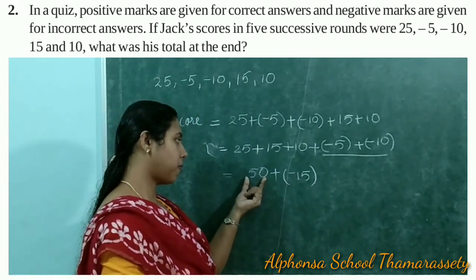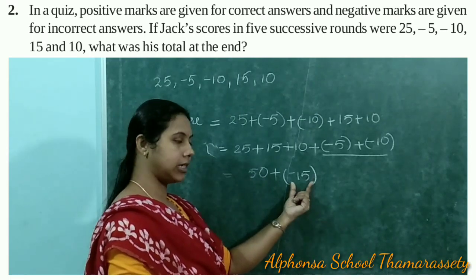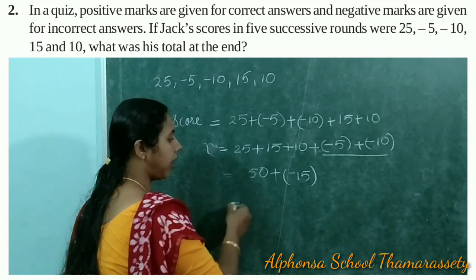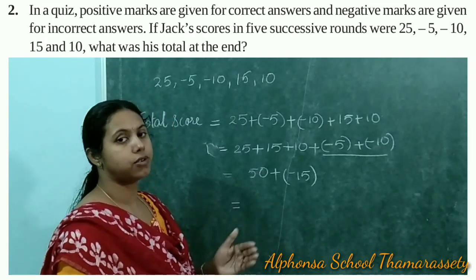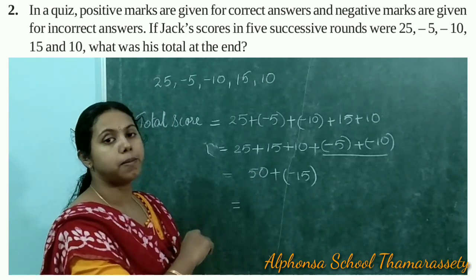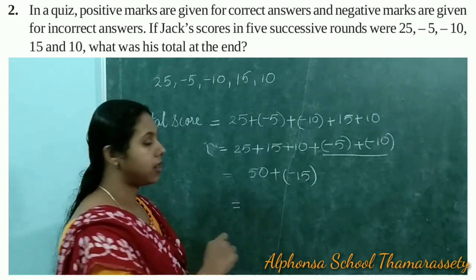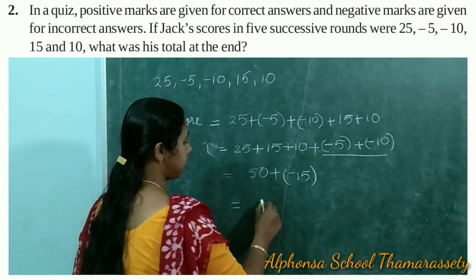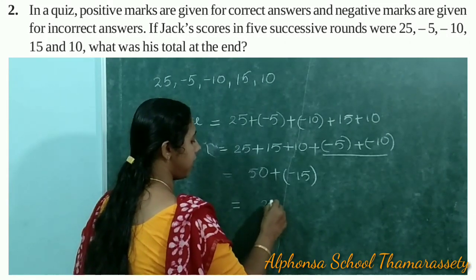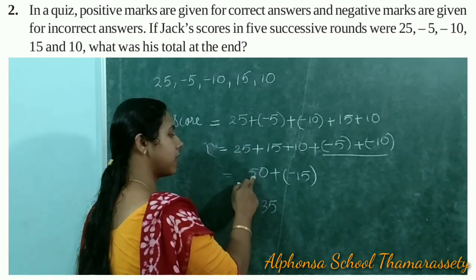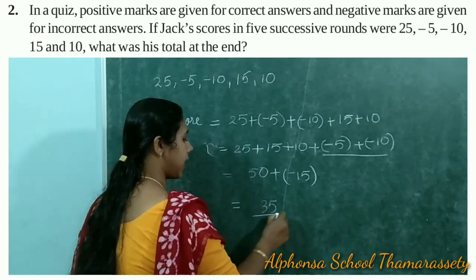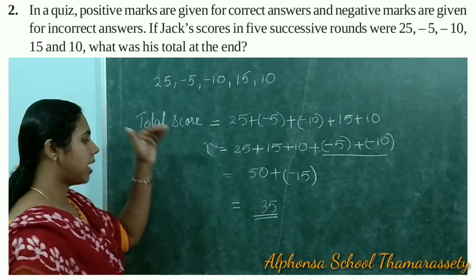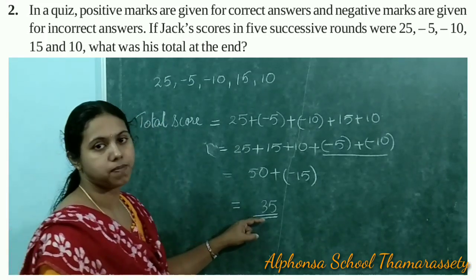Now one positive integer and one negative integer: we know that with different signs, we should subtract the smaller number from the bigger number and put the bigger number's sign. So 50 minus 15 is equal to 35. Bigger number's sign is positive. So your answer is positive 35. So the total score of Jack is 35 points.